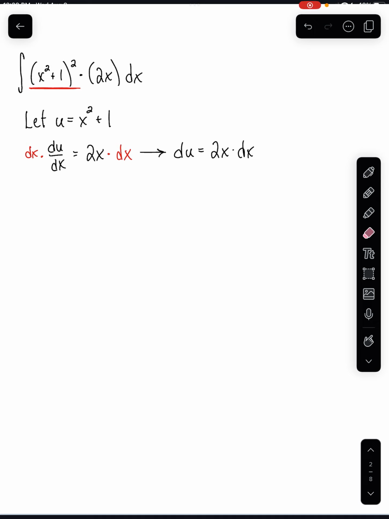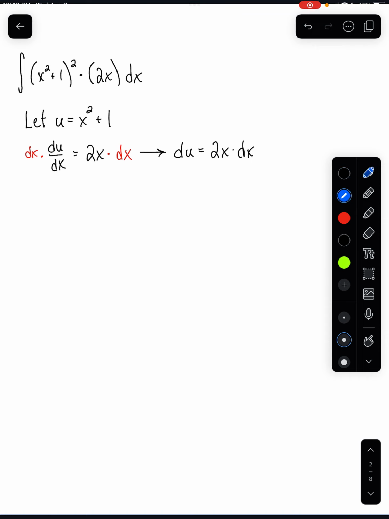So let's take a look at what we've got here really quick. We have a statement here, u equals x squared plus 1. And up here we have an x squared plus 1, which can now be taken out and replaced with a u. We have another statement down here that says du is equal to 2x dx. And here we have a 2x dx.